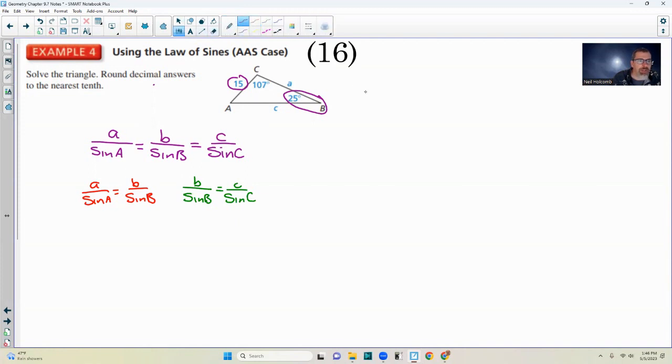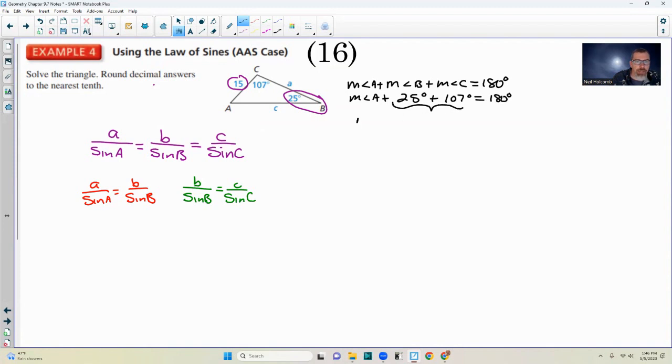So we'll do the triangle sum theorem first. The measure of angle A plus the measure of angle B plus the measure of angle C equals 180 degrees. The measure of angle A plus 25 degrees plus 107 equals 180 degrees.